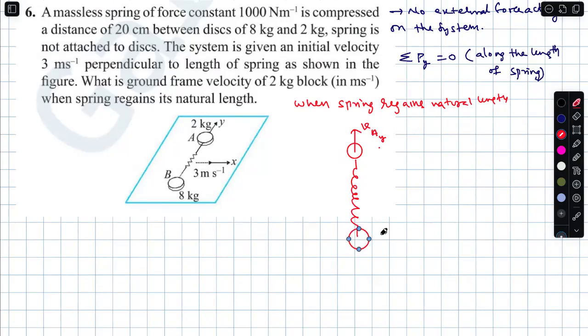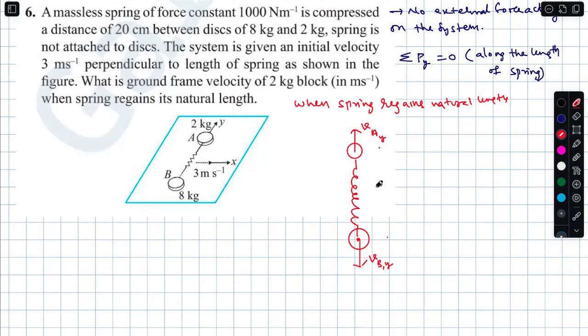Remember, the entire arrangement is on a horizontal table. Don't feel that it is vertical. This is Vby. Yes or no? So this is the picture what you have.